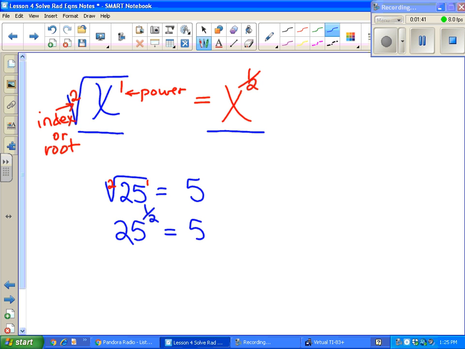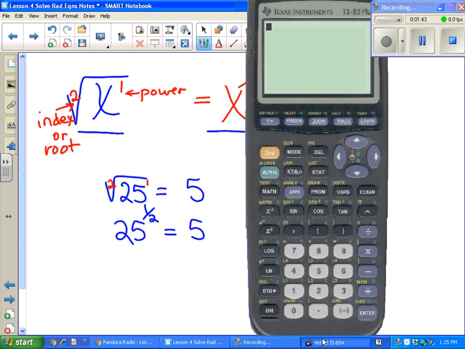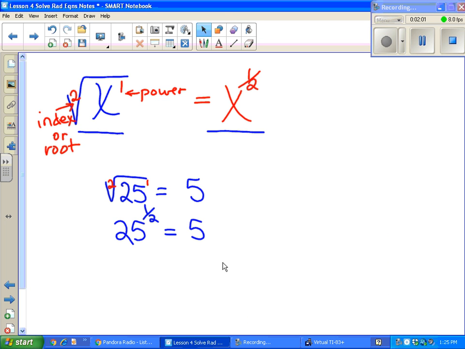That should also give me 5. So if we check on our calculators, the square root of 25 is 5, or 25 raised to the 1 divided by 2, or 1/2 power, is also 5. So I'm hoping that you'll make that connection between a square root or a radical and also your exponent.